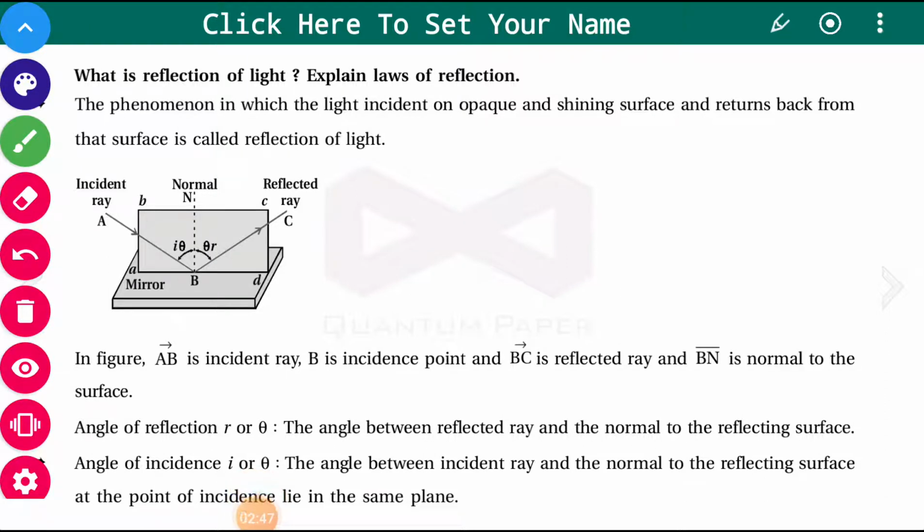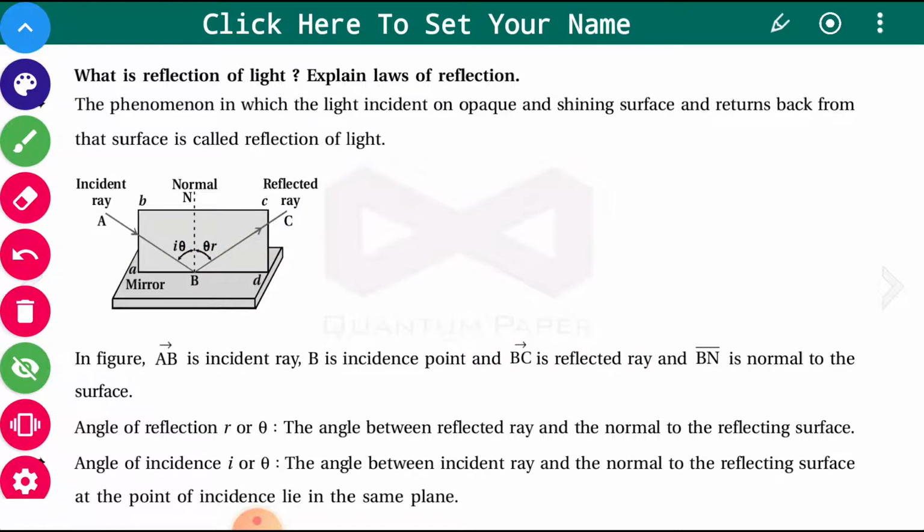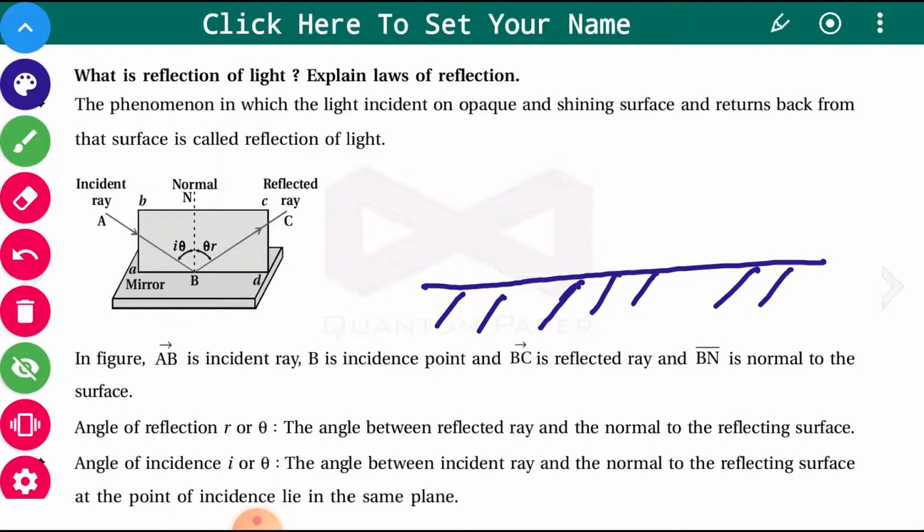Now we talk about the reflection of light, which you have also studied. See, a reflecting object for us is a mirror. If light rays fall on the mirror, say for example the mirror is kept this way, then the light ray is incident at some angle, and a perpendicular is drawn at the point of incidence.